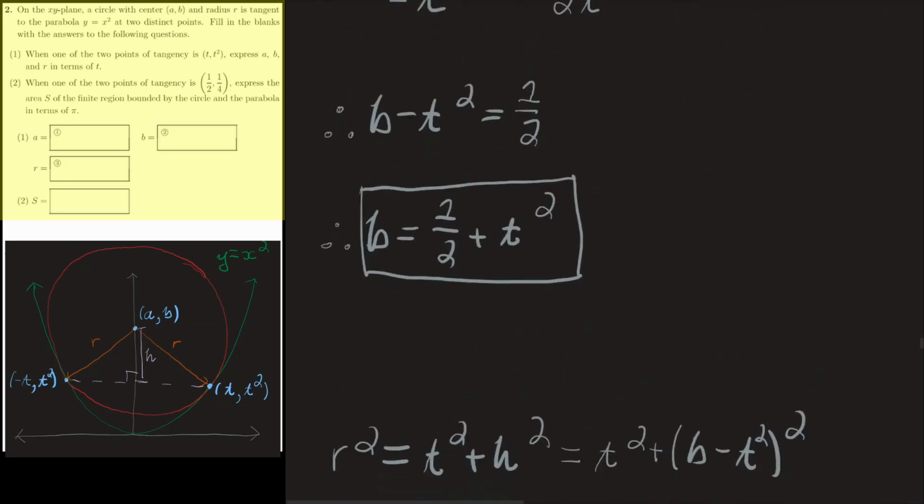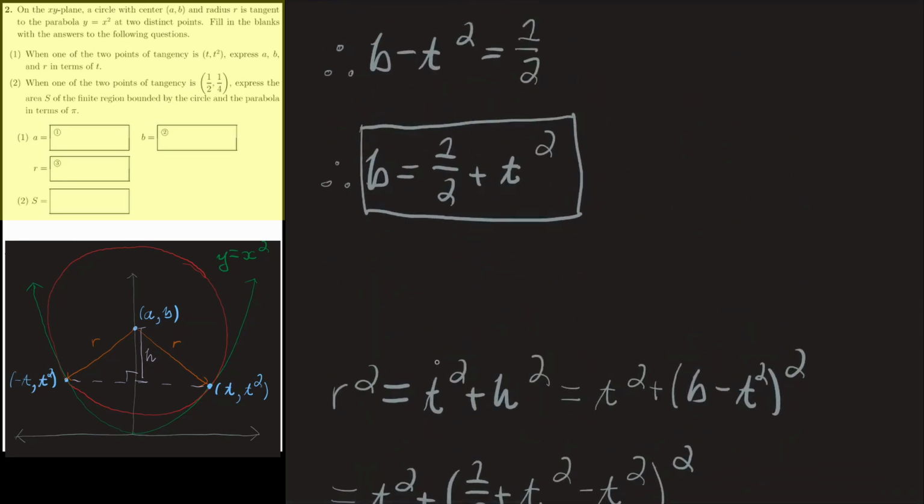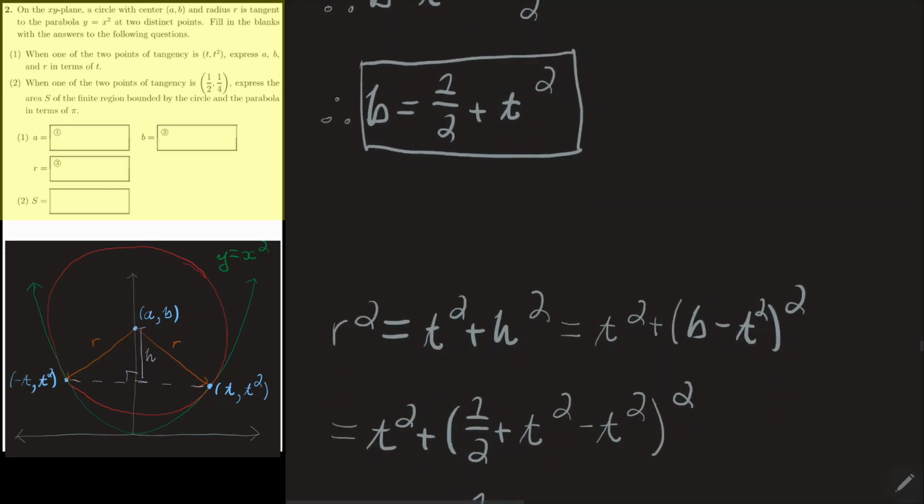And so if we plug that in, r squared is equal to t squared plus h squared. We now get that r squared equals t squared plus (b minus t squared) squared. And of course we just found the value for b, so if we plug that in, we end up with r squared equals t squared plus (1 over 2 plus t squared minus t squared) squared.